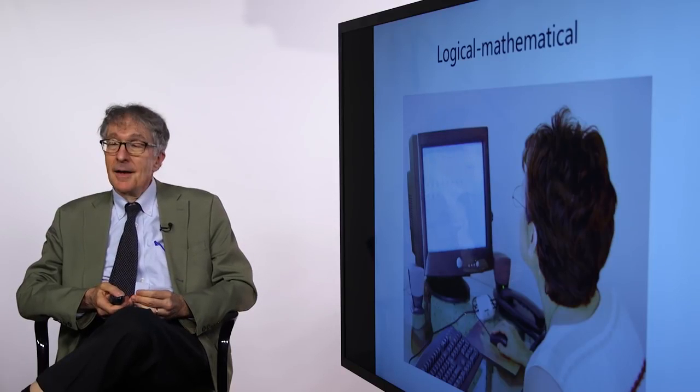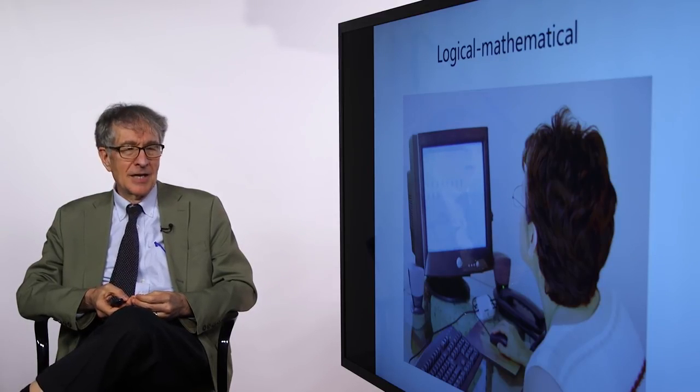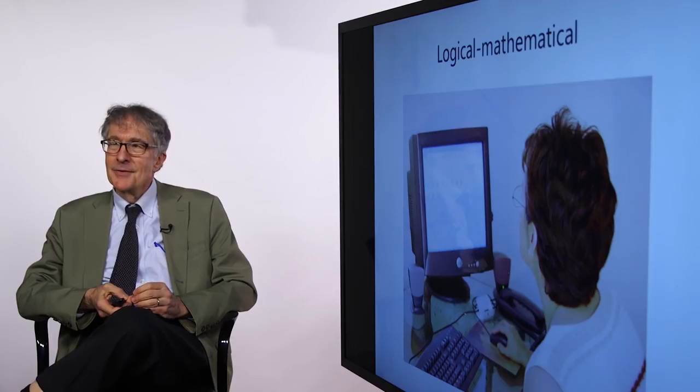And that's fine because IQ tests are used to predict how you will do in a certain kind of school at a certain historical era. And clearly it's good to have linguistic and logical mathematical intelligence if you want to succeed in school. But we don't stay in school our whole lives.